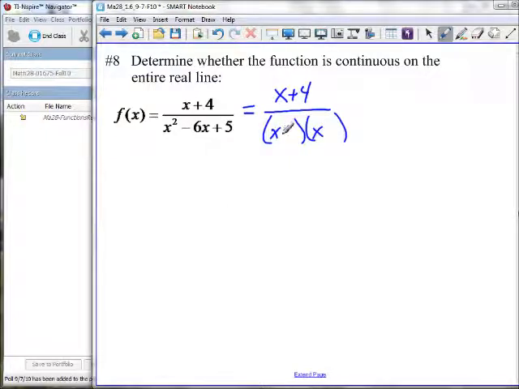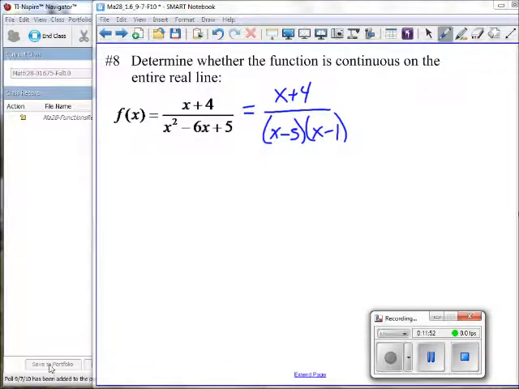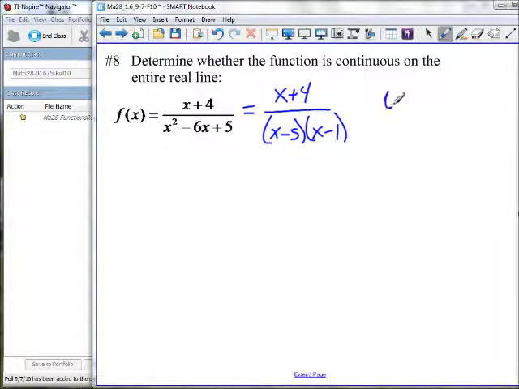What do we have? X minus 5 and x minus 1. Okay. So now that I know that I can factor that denominator, are there any values of that denominator that we can't use? Anything in the domain that we can't use? Yeah, x cannot be 5 and x cannot be 1. If those are the only places where it's discontinuous, then, undefined, then I'm close to understanding where it's discontinuous.